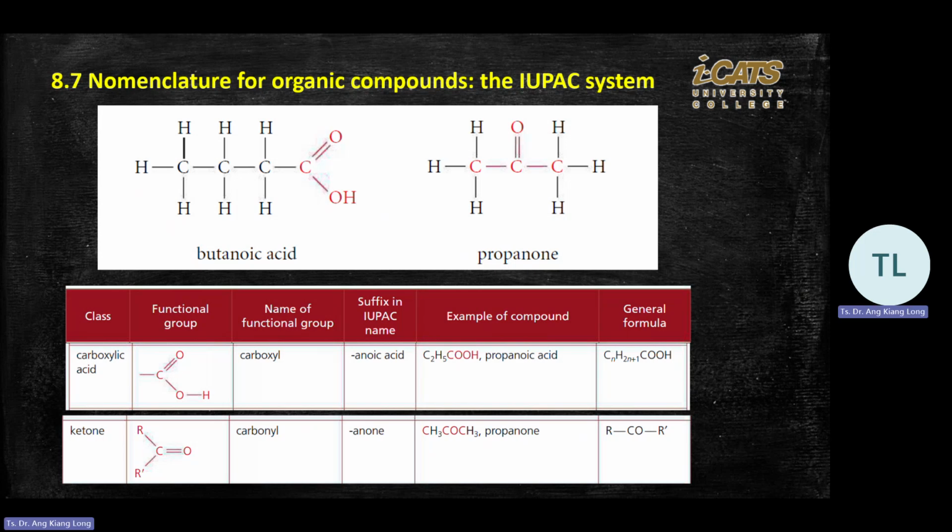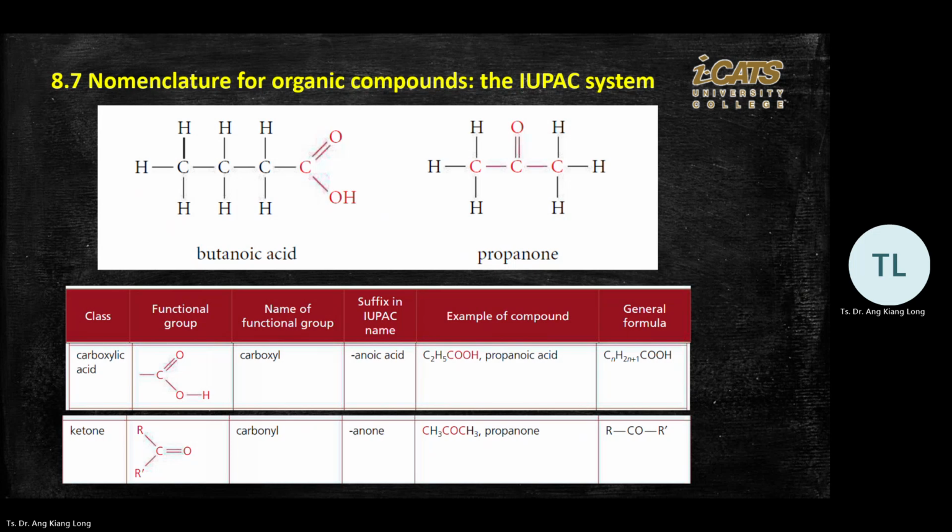So this one, 3 is prop, and then you go to the functional group table. Remember to read the suffix in the IUPAC name and not the functional group. Read from here. So this one, prop with anone. Combine, it becomes propanone.